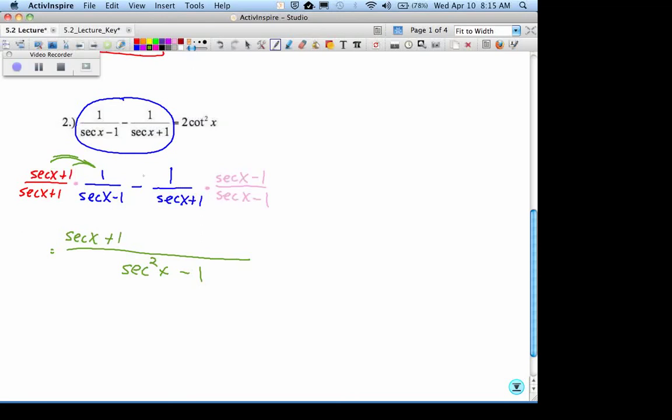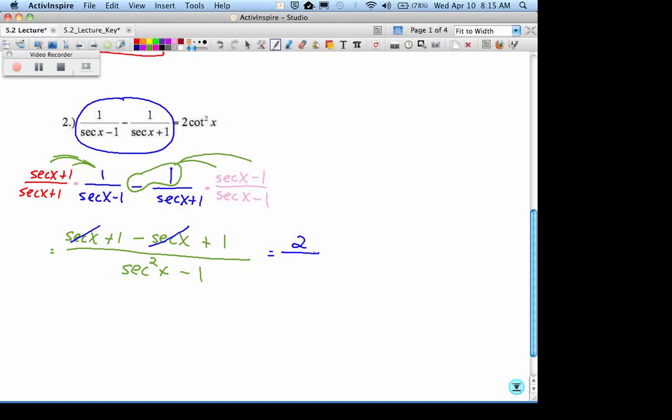But here, this right-hand term is negative. So I have to take a negative 1 times those guys, and you get negative secant of x plus 1. So what's happening in this problem? Well, secant of x minus secant of x is gone. So now I have 2.